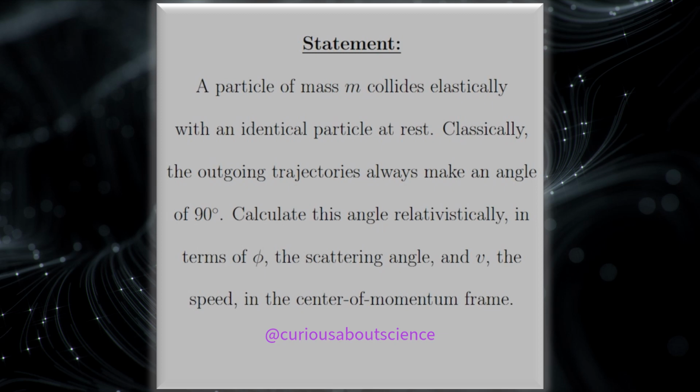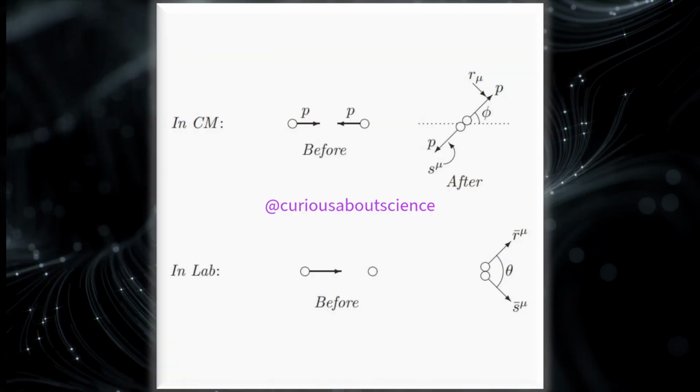And how do we use this? Well, let's first draw it out. In the lab, we have a particle smacking another particle, and then the outgoing is a 90-degree angle because we have to conserve momentum.